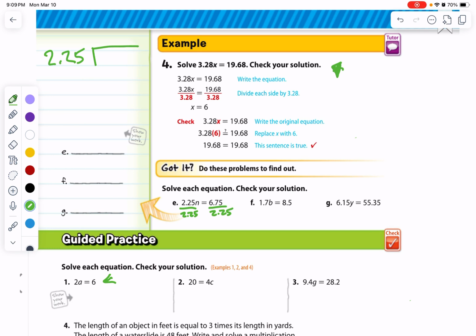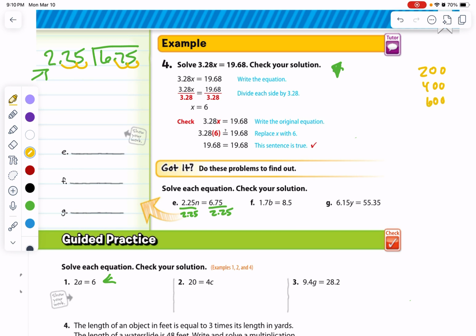2.25 into 6.75. We cannot have a decimal in the divisor. So we're going to move that over 1, 2, which means we also need to move the dividend decimal over 2 places. 1, 2. Okay? So 225 into 600. Well, I could think 200, 400, 600.